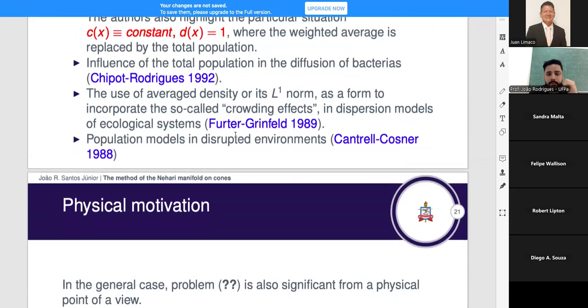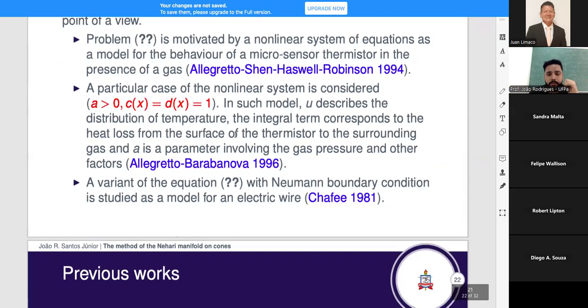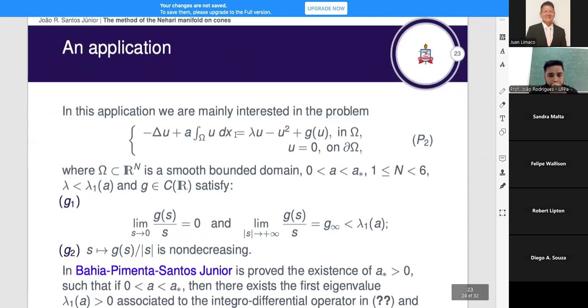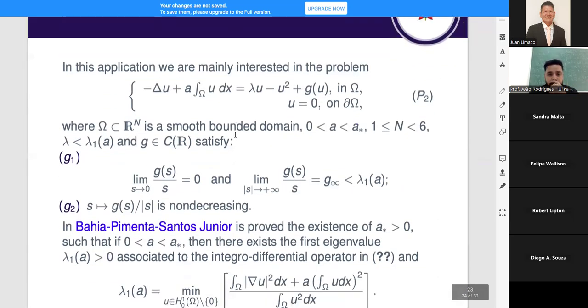Let me show you. Okay, here we are interested in this particular case of that problem, where I have the Laplacian operator and the integral of a function u multiplied by a parameter a.